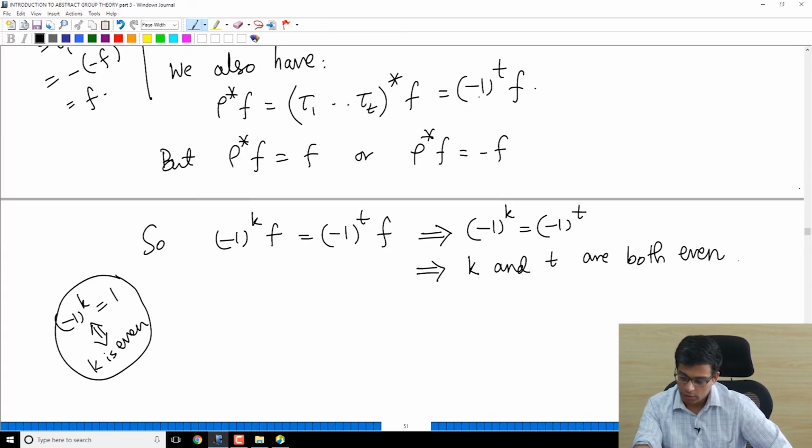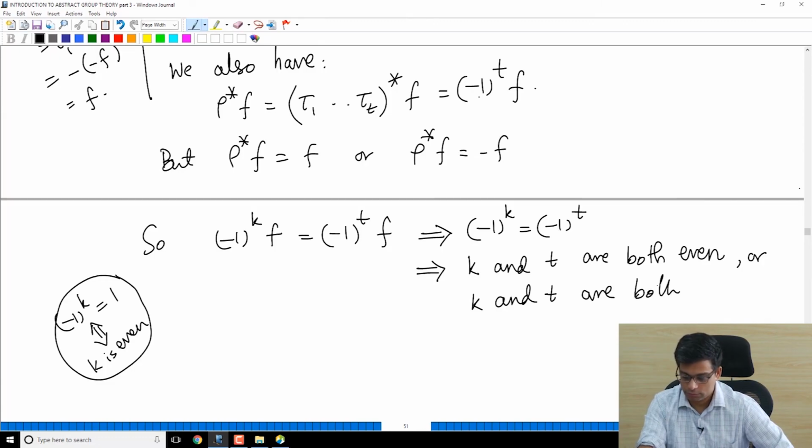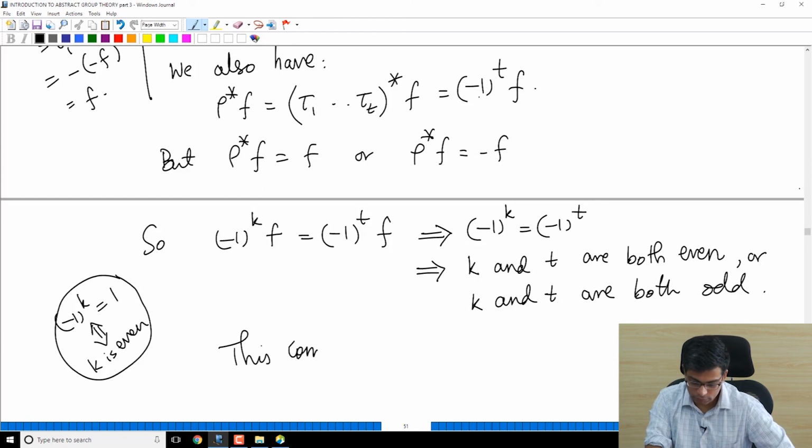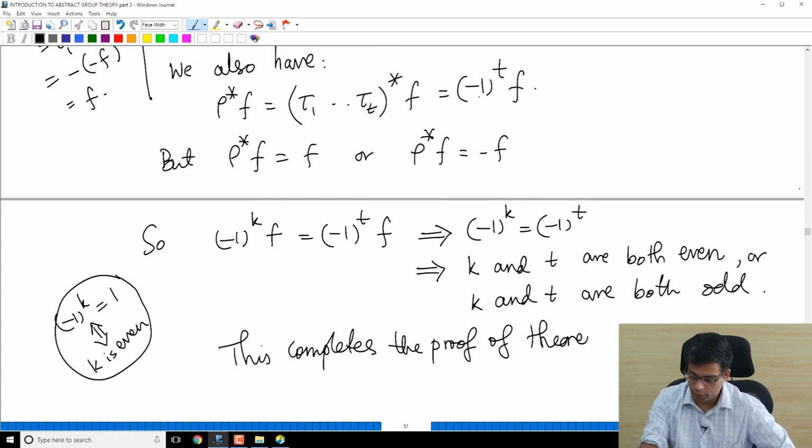So t is even. Or if k is odd, (-1)^k is minus 1. So (-1)^t must also be minus 1. So k and t are both odd. So this completes the proof of the theorem, which is exactly what I wanted to prove.